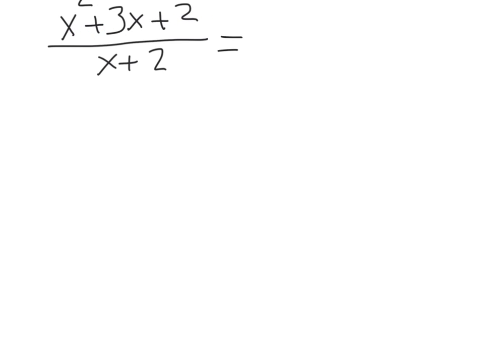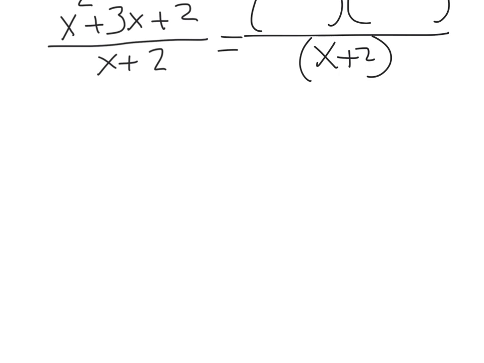Never forget that part, because if there's a GCF you can pull out, you do that first. So for a trinomial, we do 2 sets of binomials. Leave the x plus 2 in the bottom, and if you want to put parentheses around it, that's fine. X squared is x and x. Then the factors of 2: there's only one way to get 2, 1 and 1. So there's no question there.